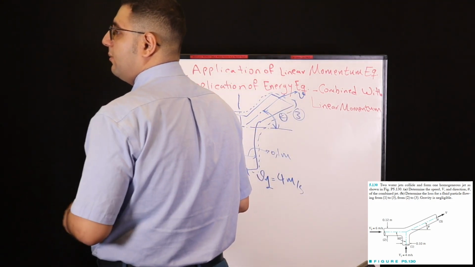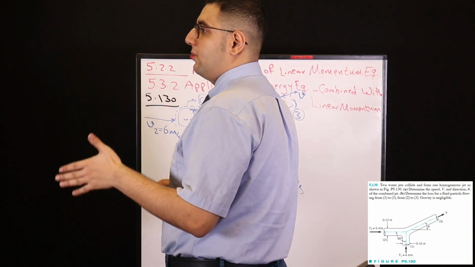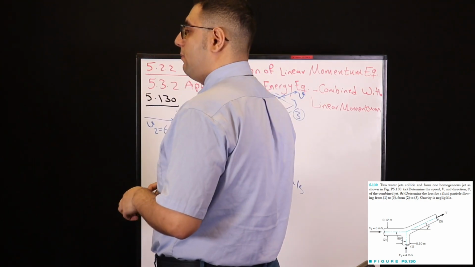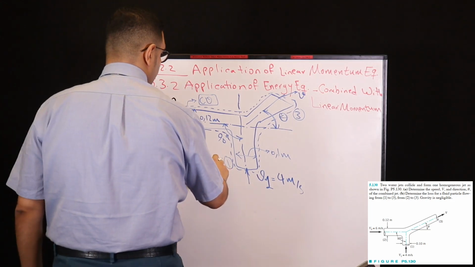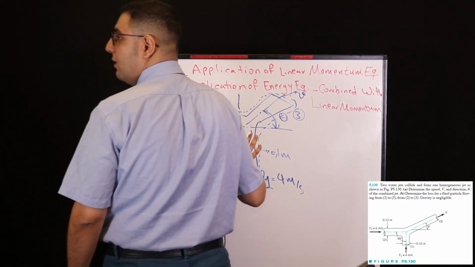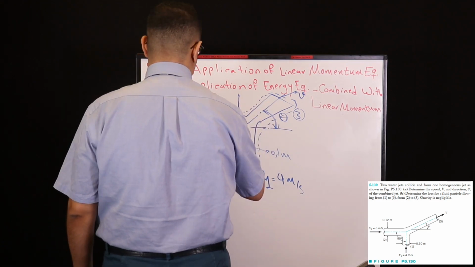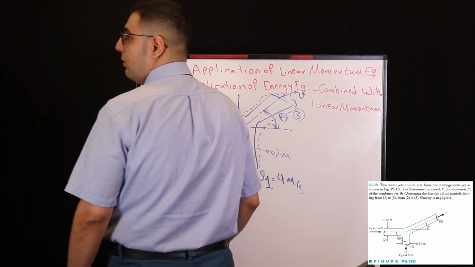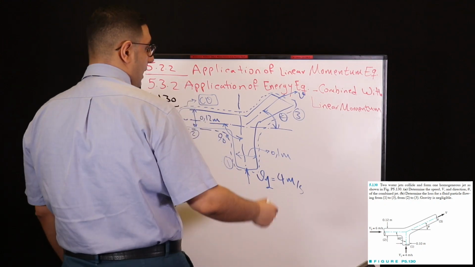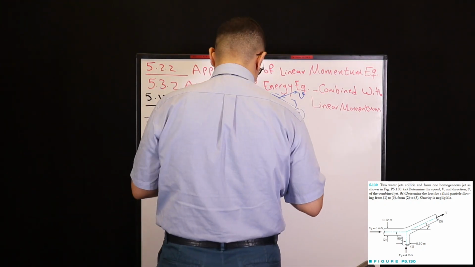The second part is to identify the loss for the fluid particle flowing from point 1 to point 3, and also from point 2 to point 3. The specific gravity is negligible.